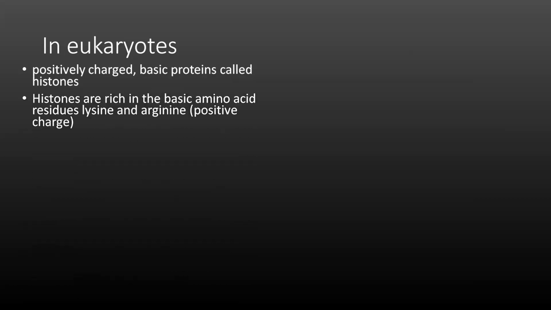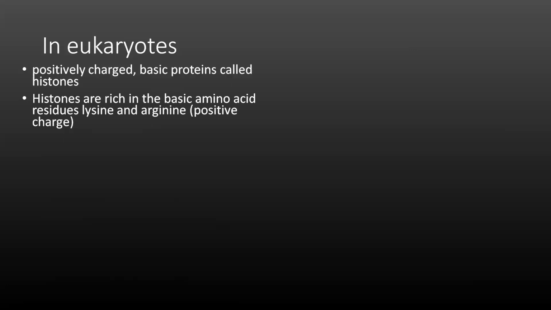Histones are rich in basic amino acid residues like lysine and arginine. Now, how does histone become positively charged? Because we have different types of amino acids, and some are positively charged. Lysine and arginine are positively charged amino acids, and they join to form histone protein.